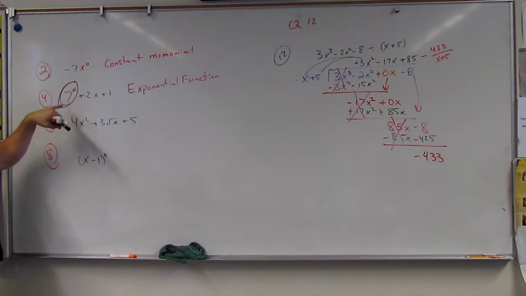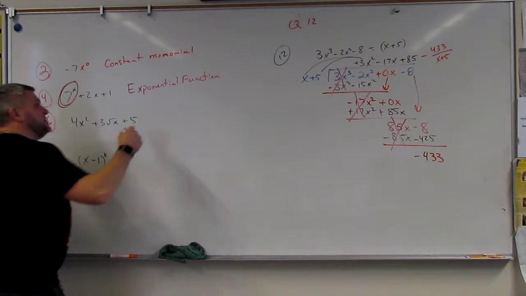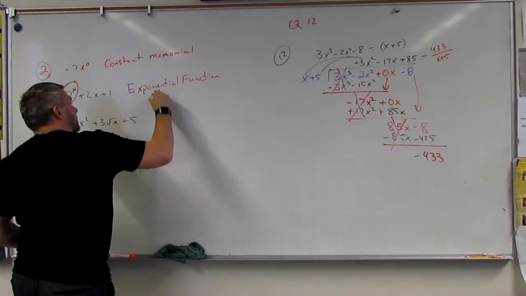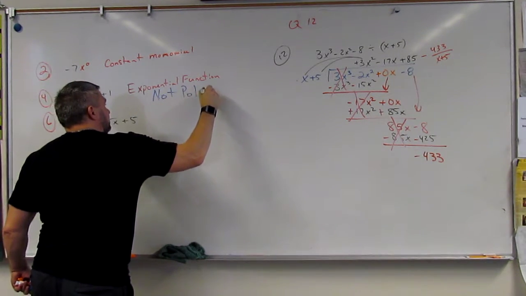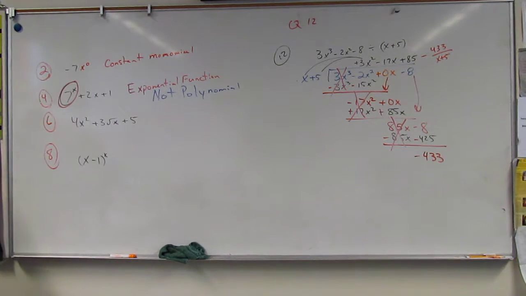There's no constraint on that x. It's actually a function with respect to x, right? So there's many numbers to that, but we don't know what numbers. They could be 1.2. If it was 1.2, would that be okay? No. Okay? So it's an exponential function, but it's not a polynomial.